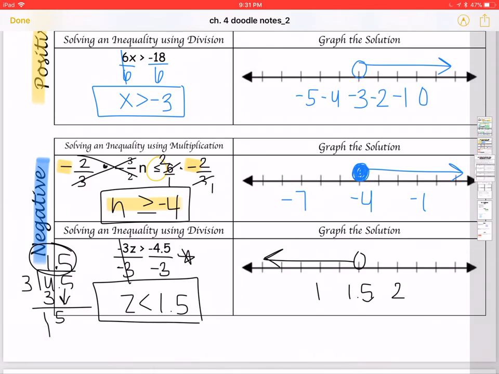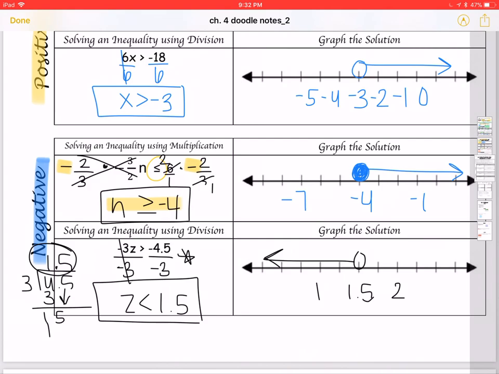So the biggest takeaway from solving with multiplication and division is if you multiply or divide by a negative, you must flip your inequality symbol. And we'll discuss more as to why that happens, why we have to remember to do that, and things like that.